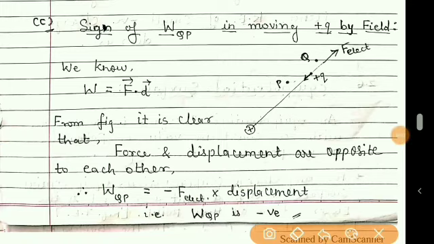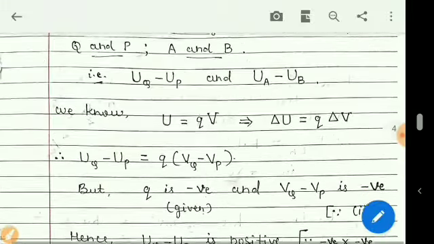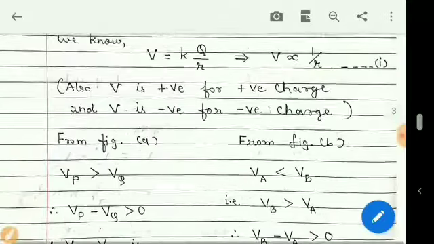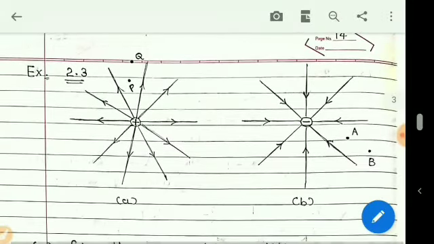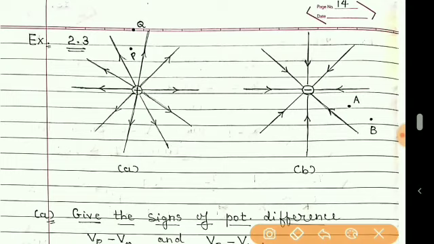Now next is about what will be the sign of the work done from Q to P in moving a positive charge. From this given figure, the charge is given here, and so the electric field will be outward.